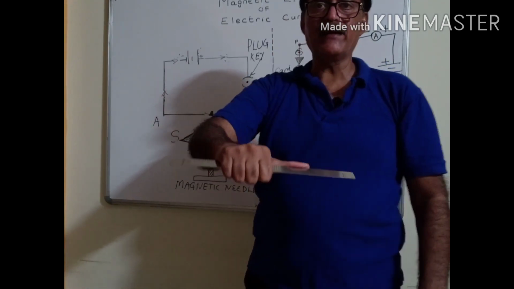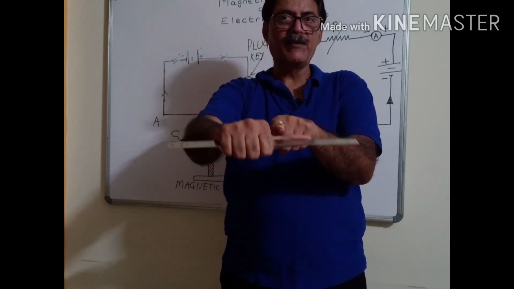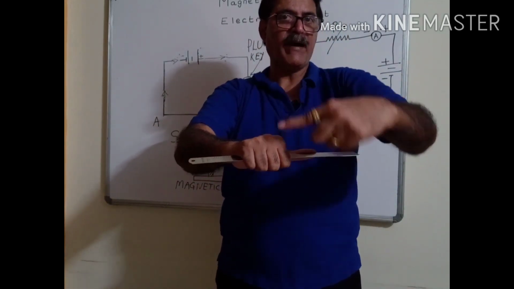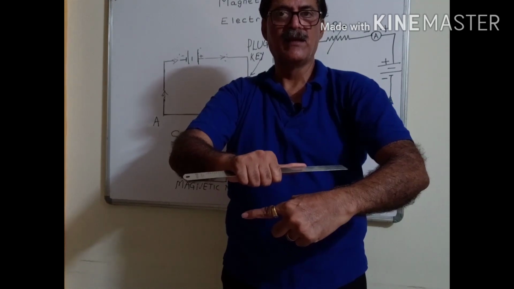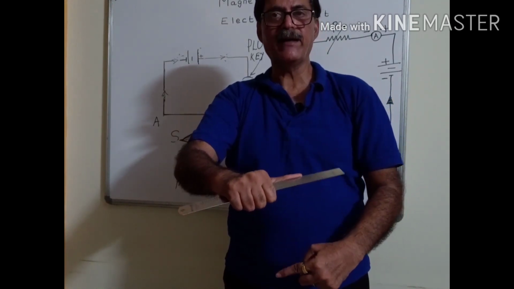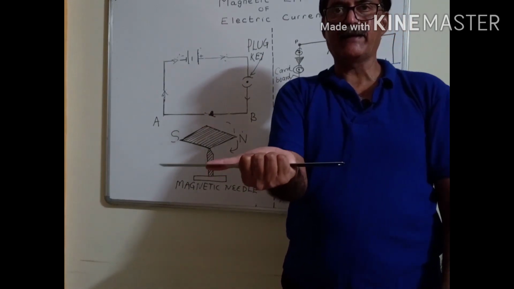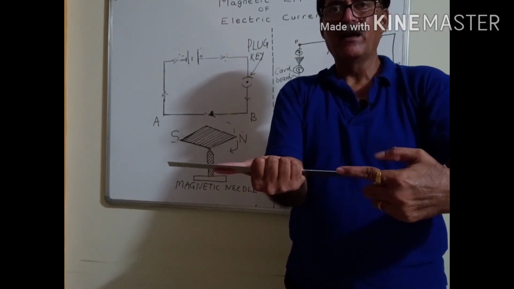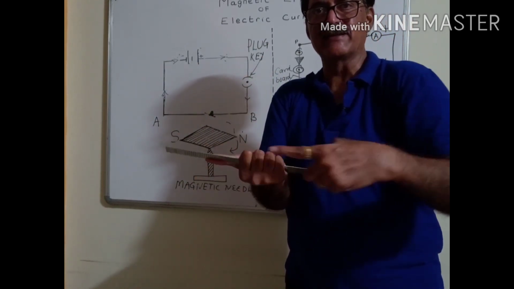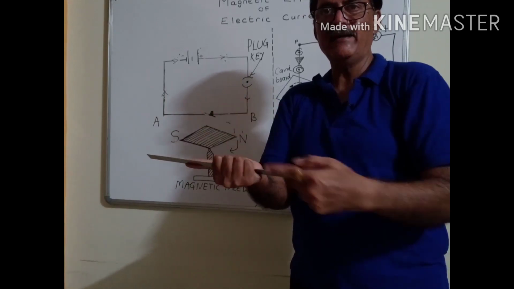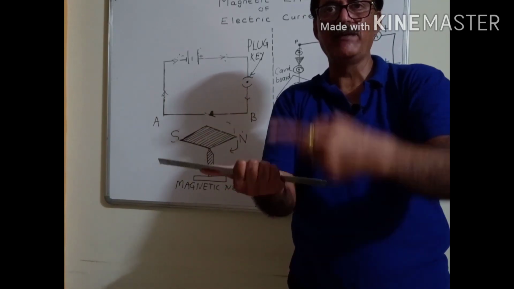If I am holding the conductor like this, then if the current is flowing like this, the magnetic field is going to be like this, right? If I am holding the conductor in a different way, like this, then if the current direction is like this, then the lines of magnetic force will be like this.